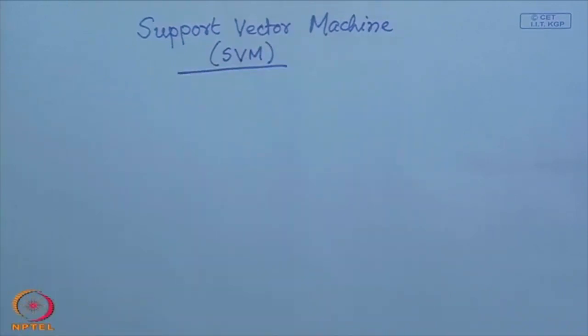So, when we start our discussion on support vector machine, let us recapitulate one of the previous classifiers, the linear classifier that we have discussed, that is the linear discriminant function. In one of the early lectures, we said that we have an input feature vector x and we define a linear discriminant function, say g of x.